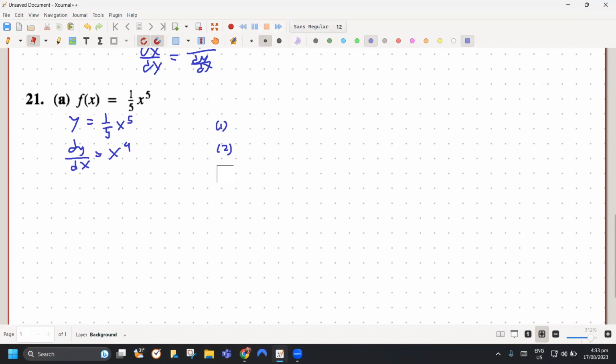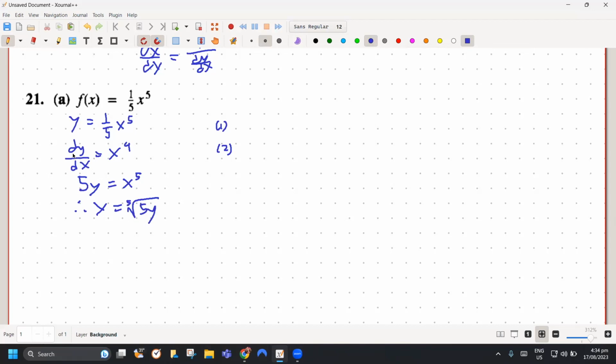Instead, ang gagawin lang natin ay isolate x. So, starting from 1, yung next step sa 1 ay 5y equals x to the 5th. So, from 1, 5y equals x to the 5th. Therefore, x is the 5th root of 5y.